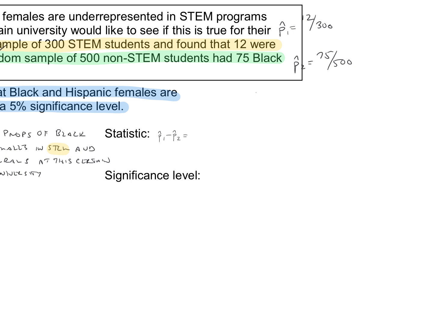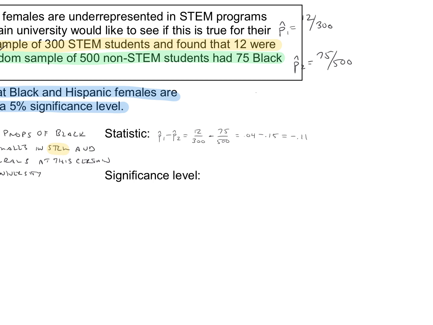What did our sample tell us? 12 of the 300 students in STEM were Black or Hispanic females, minus 75 of the 500 in non-STEM. The difference is 4% minus 15%, which is a negative 0.11. So 11% more Black and Hispanic females in the non-STEM program versus the STEM program.